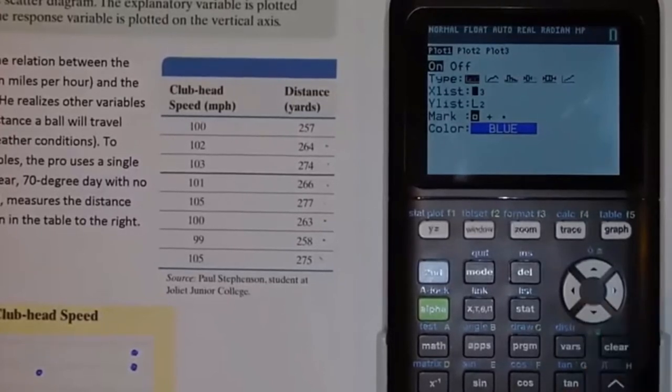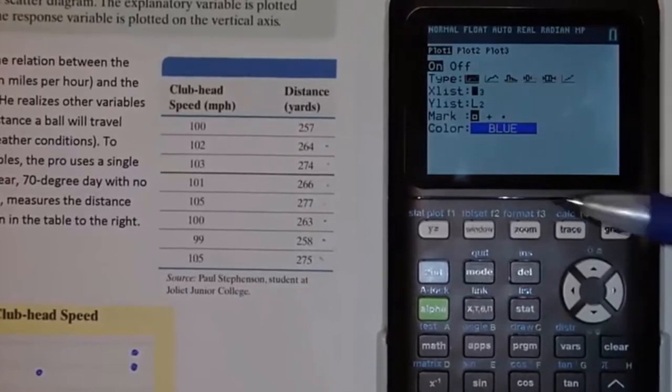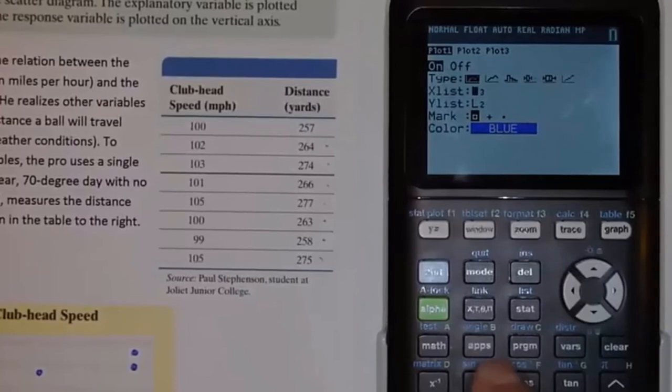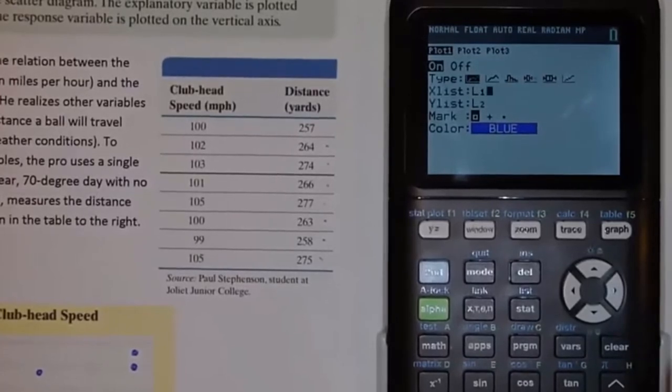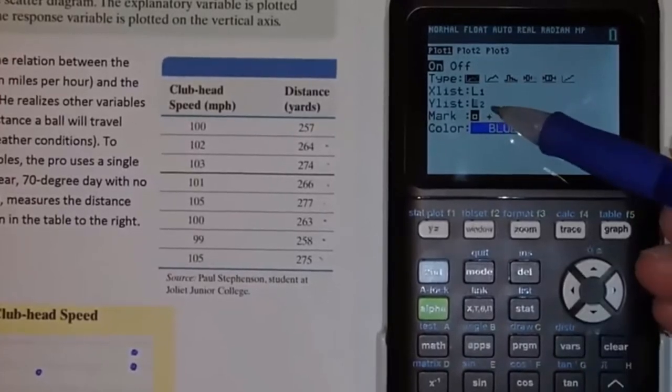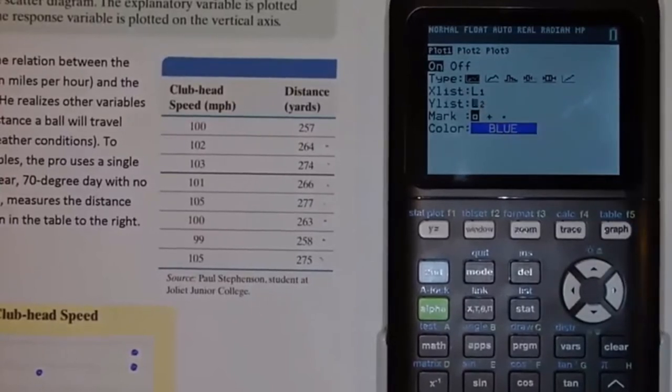I need to tell the calculator which list has the X values. So which has the explanatory variable? Well, my explanatory variable is in List 1, so I've got to change that to say List 1. Where are the Y variables? Where's the response variable? I put those in List 2. So I have to tell the calculator that.